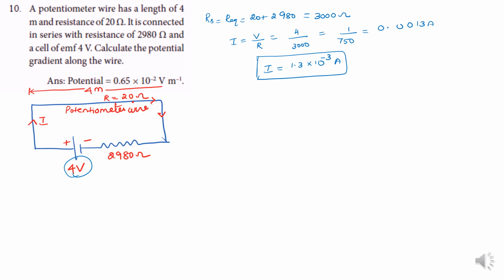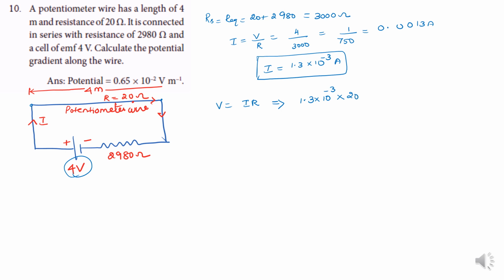So V between the terminals is V equal to I into R. The current flowing through the circuit is 1.3 into 10 power minus 3, and the resistance of the potentiometer wire is only 20. So we are calculating this.